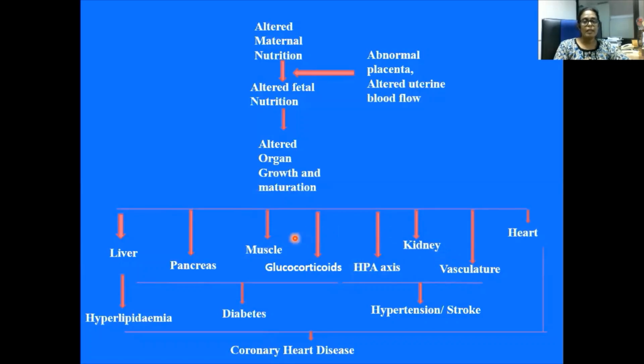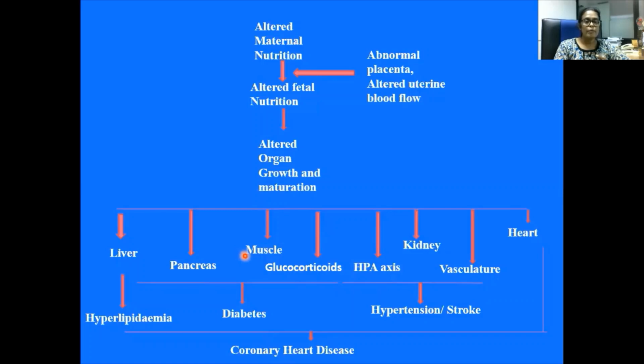Another thing is the glucocorticoids, which is a stress hormone. Due to this persistent stress, the glucocorticoid levels are increased, which also adversely affects the baby's growth and maturity. Along with that, the hypothalamo-pituitary adrenal axis also gets affected. All these things may not show at the time of birth.